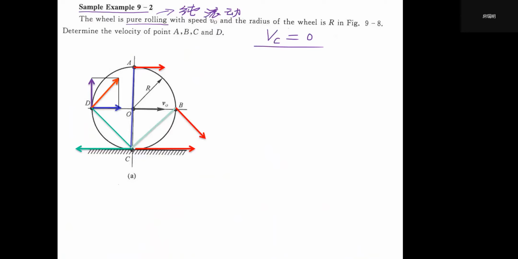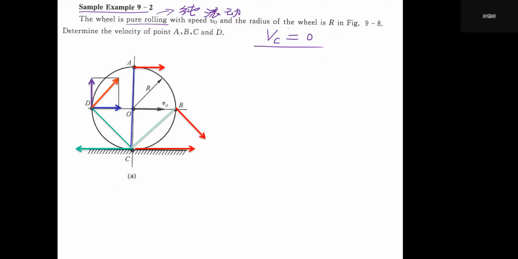Right? Because it has no relative movement. Because this kind of rolling is pure rolling, right? So maybe it is an ideal assumption, but it can simplify our analysis.